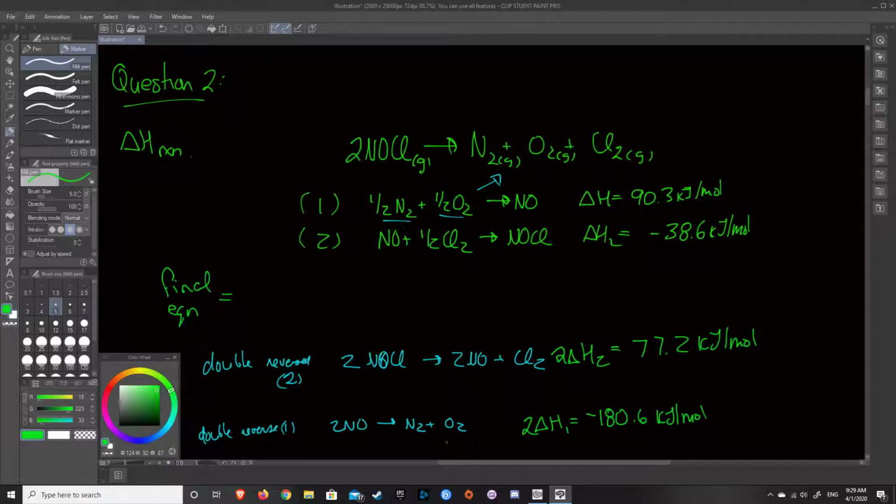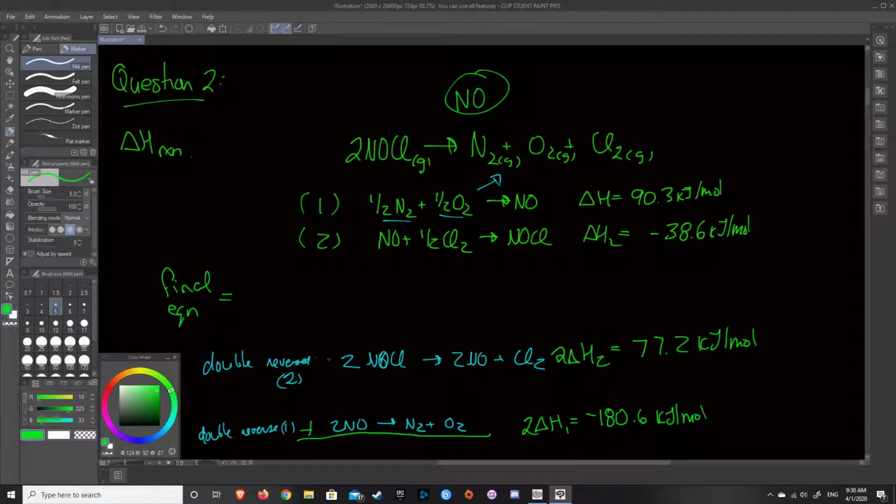So if we add these together, everything should cancel out now at this point. We've got 2NO on the left, 2NO on the right, so we lose NO. We see that there's no NO in our final answer, so we know that we need to get rid of that. But then we've got 1 N2, 1 N2, 1 O2, 1 O2, 1 Cl2, 1 Cl2, and 2 NOCl.